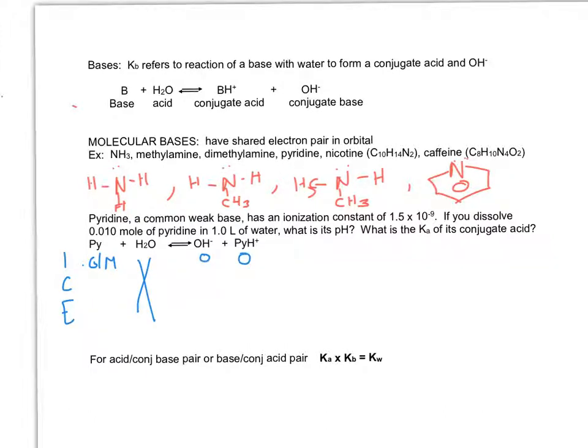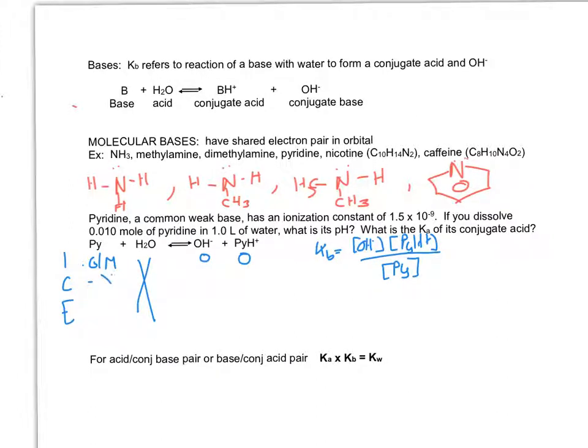The only other number is my Kb. Let me set up my Kb expression. It's going to be the OH minus concentration times the protonated form of the pyridine over the pyridine. And again, Py is an abbreviation. Just like we abbreviated our acids like benzoic acid and lactic acid, you can abbreviate your bases as well. It doesn't really matter.